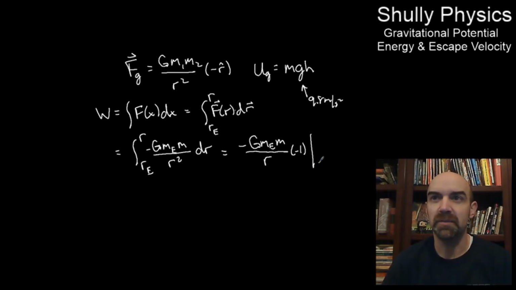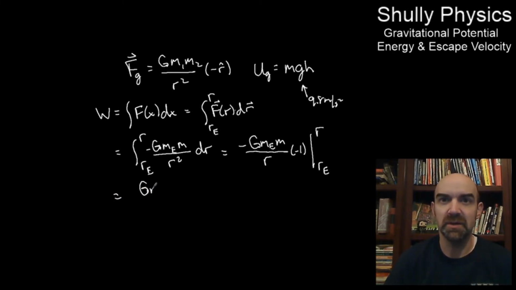We're going to evaluate that from the radius of the Earth up to r. Negative times the negative is a positive, so we're going to have G M over r, that's our final, minus G M over r_E.